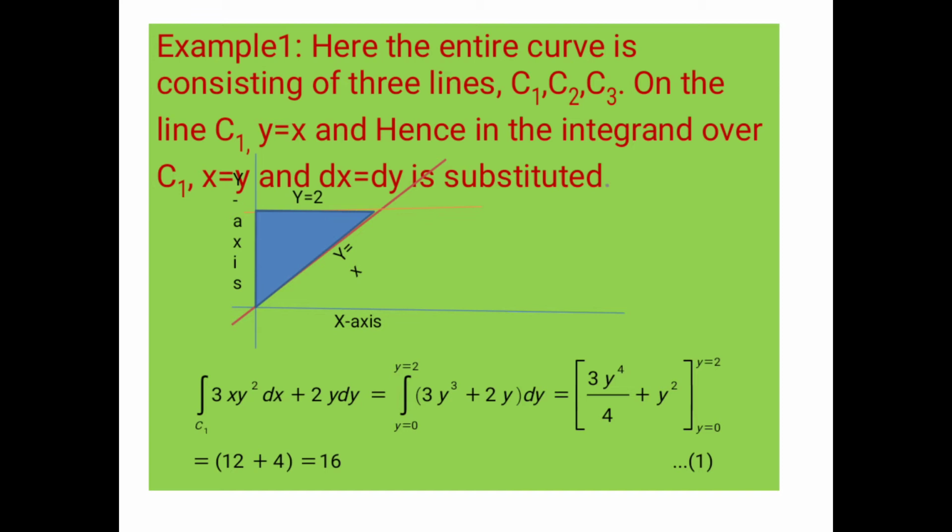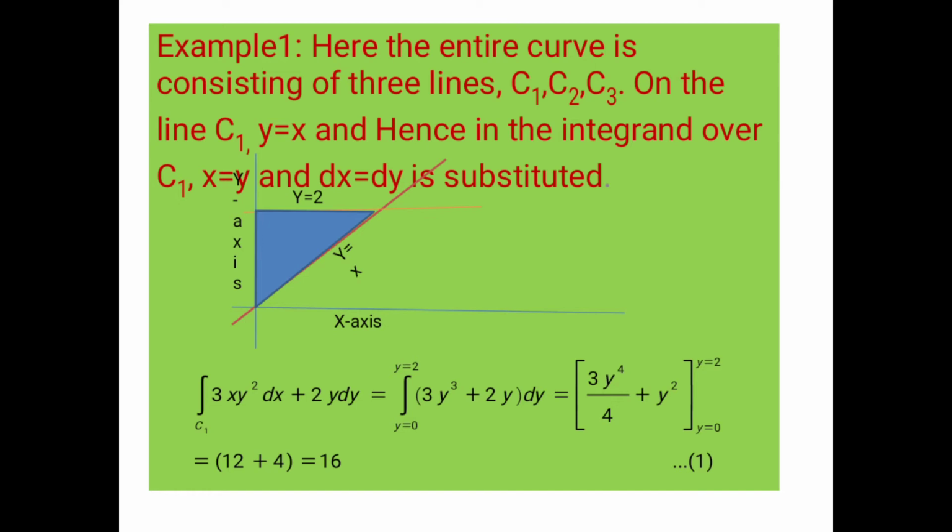Let us take the first line C1. On the line C1, y = x, and hence in the integrand we use the relation x = y and dx = dy, so that we can reduce the integrand to a function of a single variable, either a function of y or a function of x.